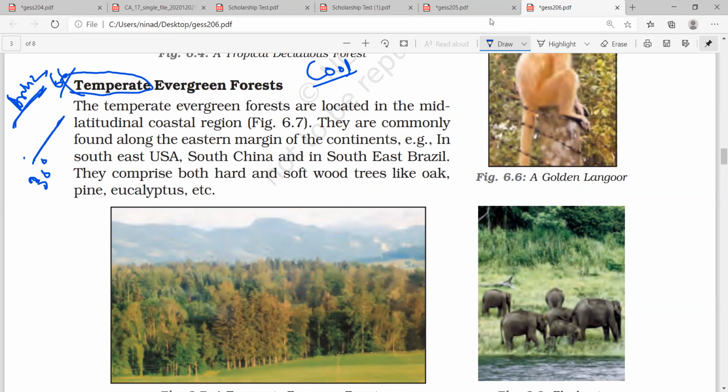So they are mid-latitude regions. They are found in USA, South China, Southeast Brazil. Examples: oak, pine, eucalyptus.